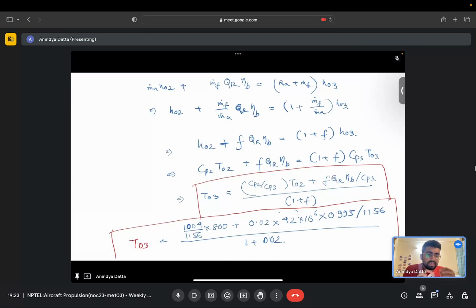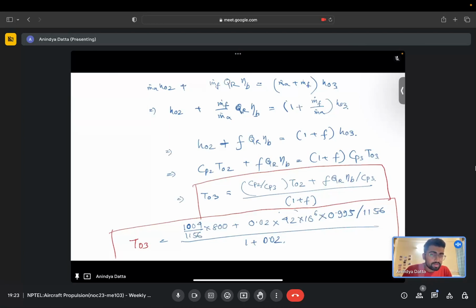Then we have the input energy because of the burning of fuel, which is mass flow rate of fuel times calorific value, the ideal thermal energy or heat input, and that we multiply with the burner efficiency or combustor efficiency to account for some heat losses or incomplete combustion.